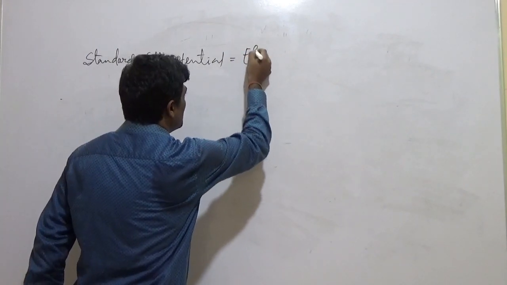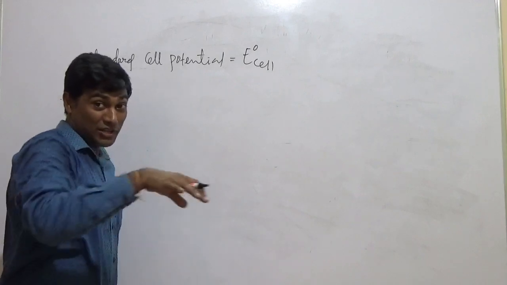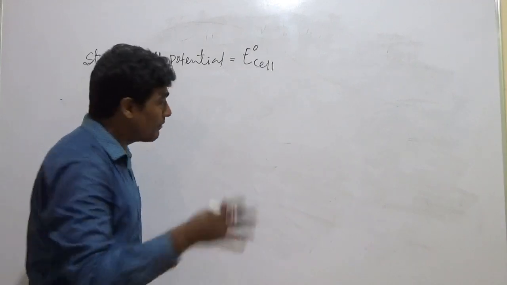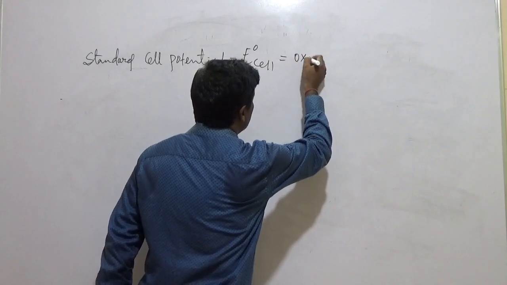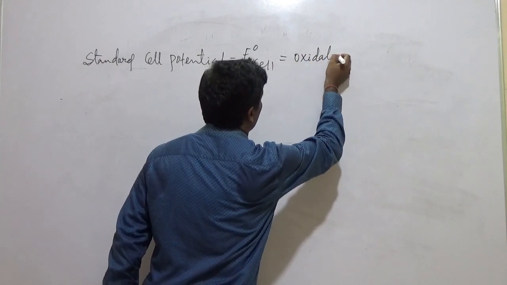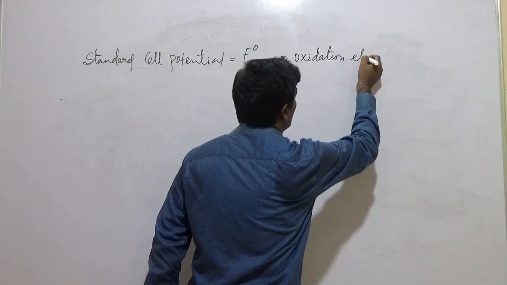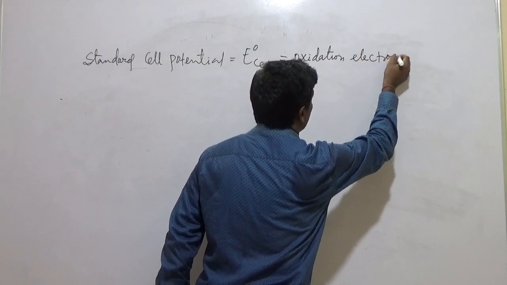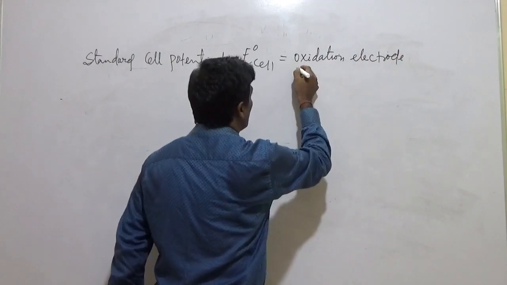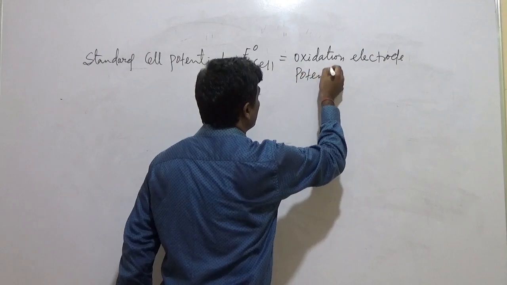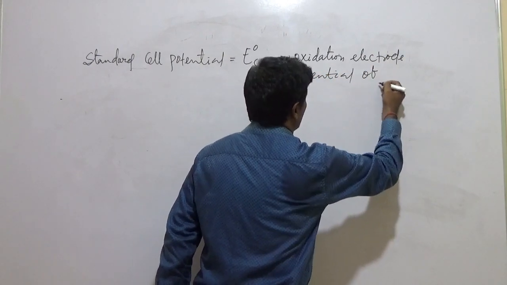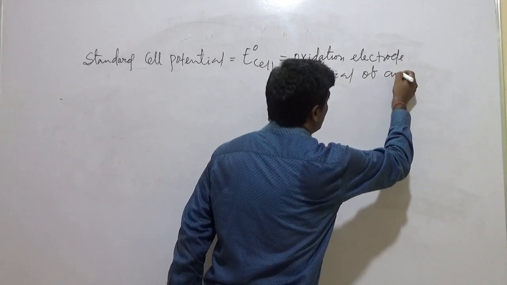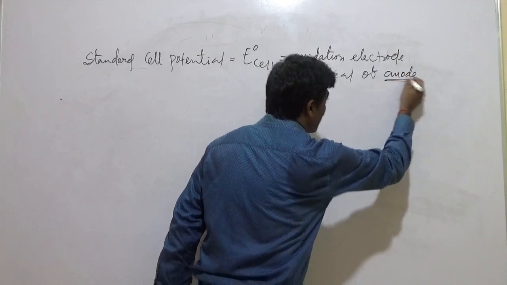We write it E°cell. It is nothing but the combined effect of both of the halves I have already mentioned. So E°cell is equal to the oxidation electrode potential of the anode.